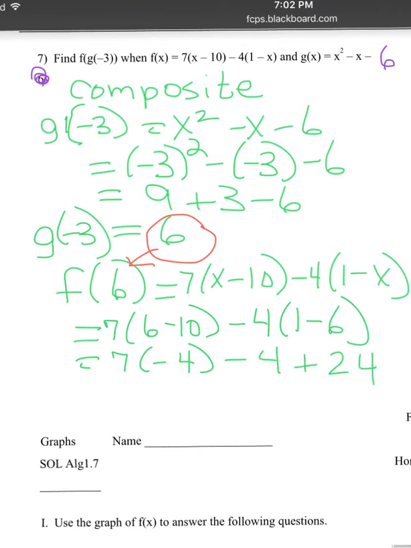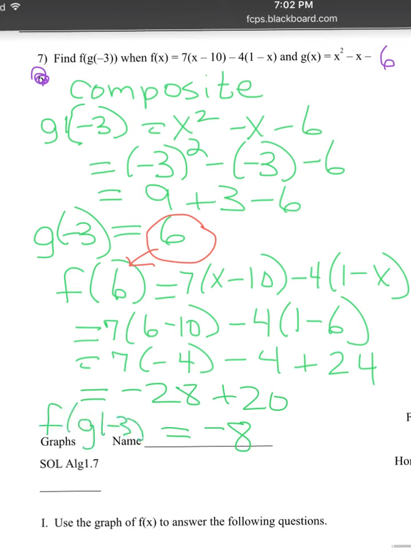Because we distributed the negative 4 to the 1, and that became negative 4, the negative 4 to the negative 6, and that became a positive. Now if we simplify that, we get negative 28 minus 4 plus 24. We can go ahead and simplify to positive 20. So we get an answer of negative 8. So the answer is f of g of negative 3 is equal to negative 8.